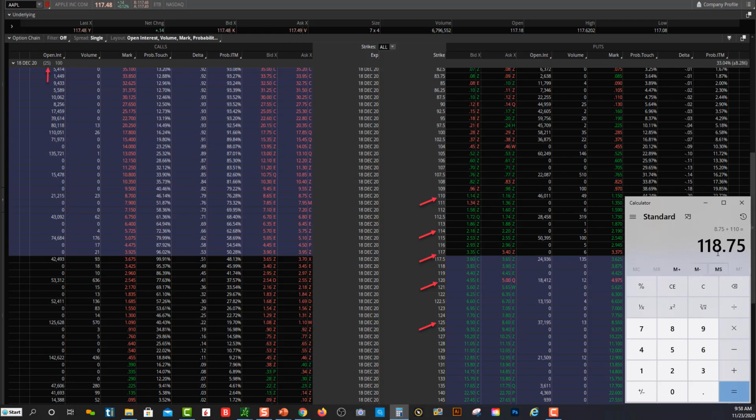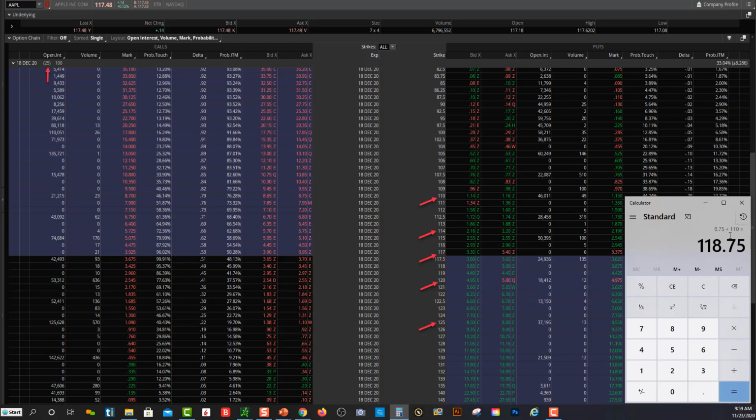The higher that Apple goes, the more in the money your option contract gets. So let's say it goes up to $120. Now you're past break even, and you have $1.25 in intrinsic value, right?